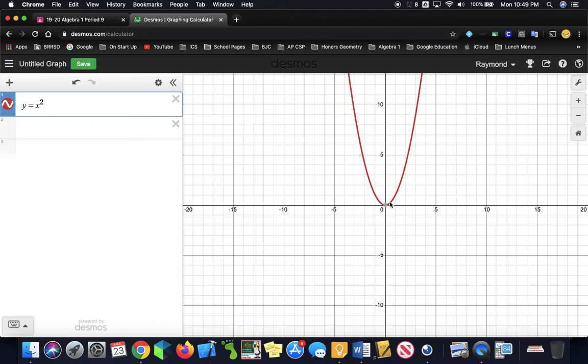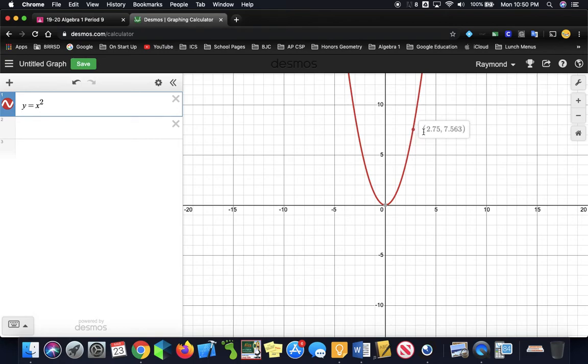The only thing that I have not found the ability to do in Desmos is look at a table of values like you can see in a graphing calculator. But if you click on one of the points here, you can move it around, and it shows only points that are on the graph. You can see that the point (1, 1) is on the graph, and the point (2, 4) is on the graph.